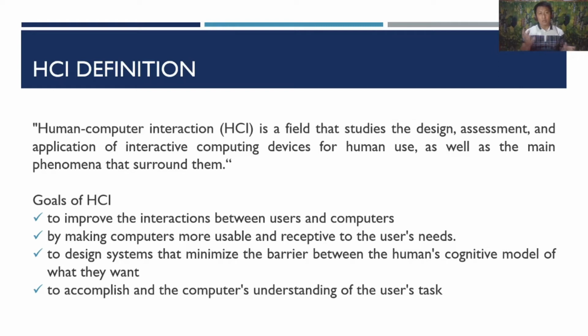So HCI does more research on how to make the computer more usable to the user and provide the needs of the user, so that the user will be satisfied interacting with or using the system or application.